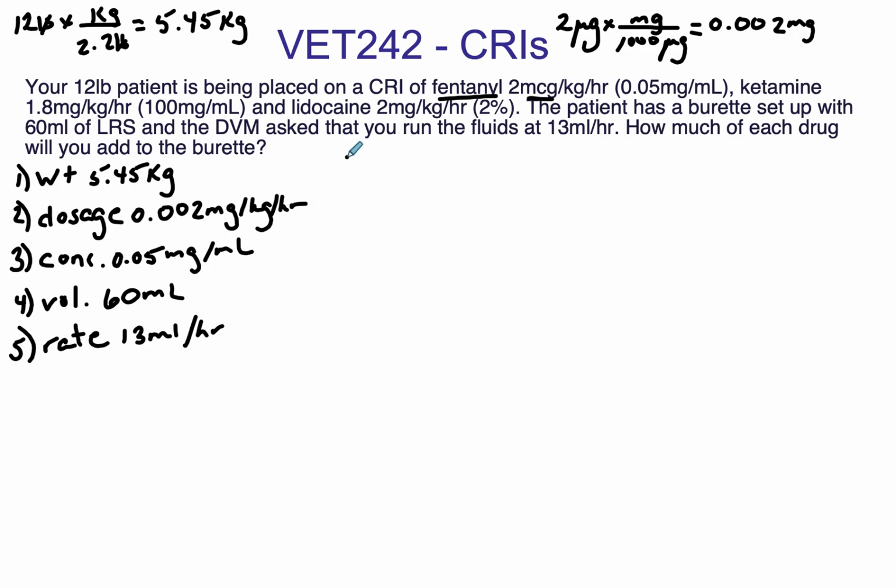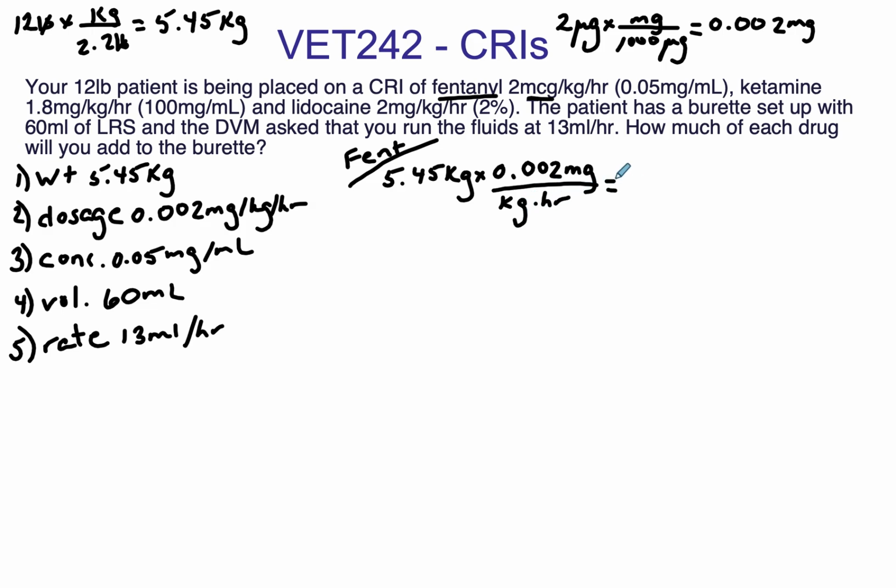I'm going to write fentanyl right here because that's what I am starting with so I don't get confused. And I'm going to start with my basic dose calculation. I'm going to take my 5.45 kgs and multiply by my dosage, 0.002 milligrams per kilogram per hour.